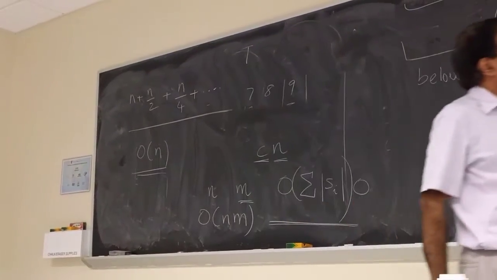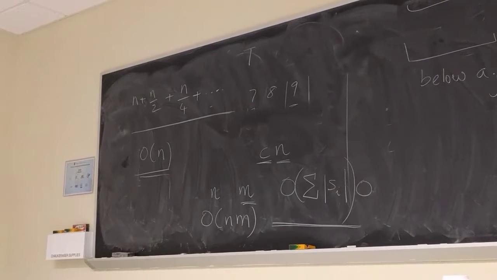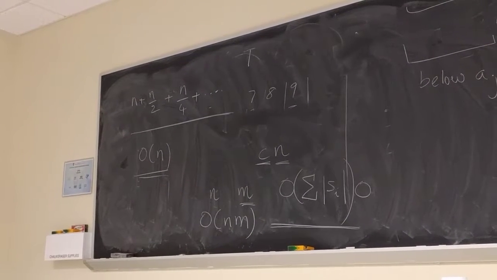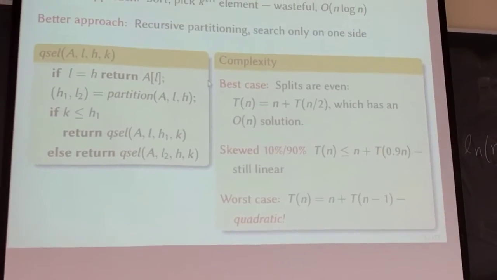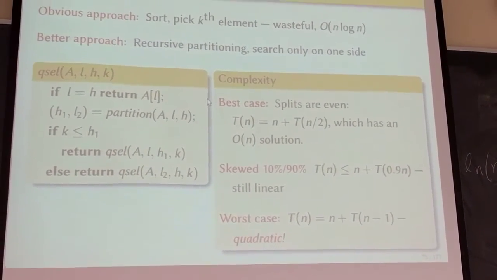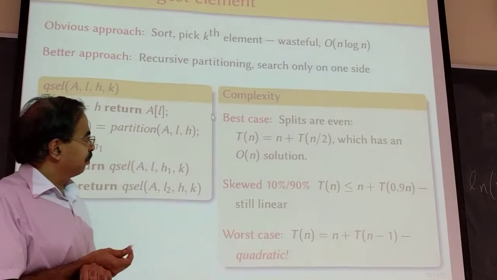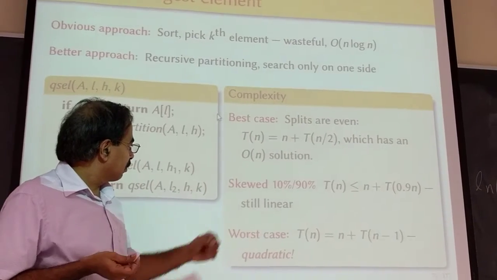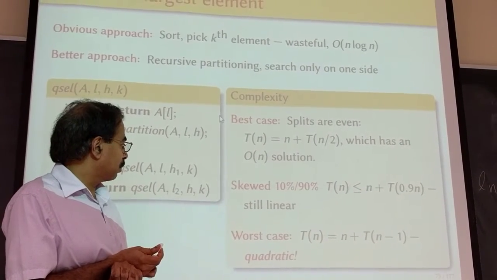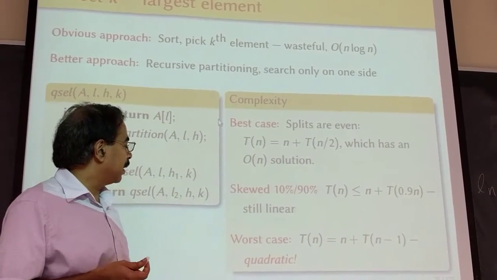So QuickSelect, in the best case, is O of n, and you can try various other cases like, okay, what if I have a 10%, 90% split? Just as in the case of Quicksort, a 10%, 90% split will still give you a good asymptotic bound, which will still be linear.